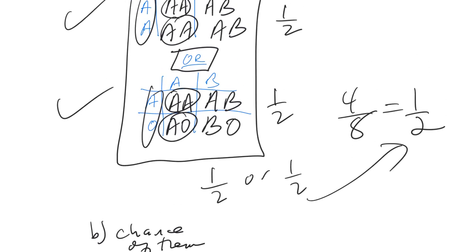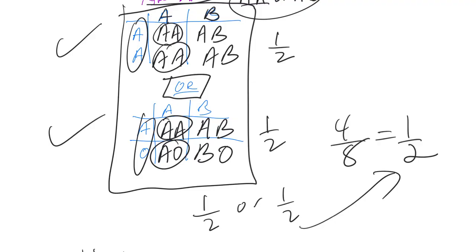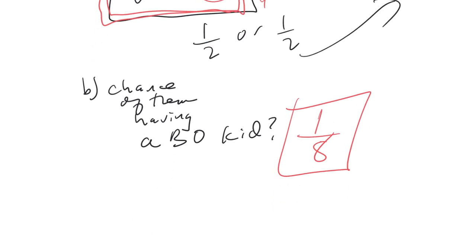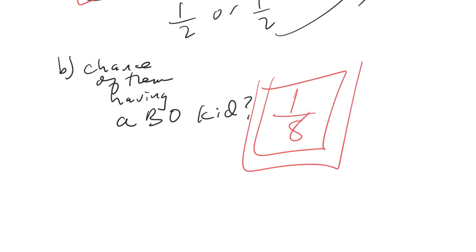You go up here and see there's 0% chance there, and then 1 out of 4 here. But since we don't know that the mother is AO, she could be AA, we'd have to look at the whole picture. So it'd be 1 out of 8 would be my answer.